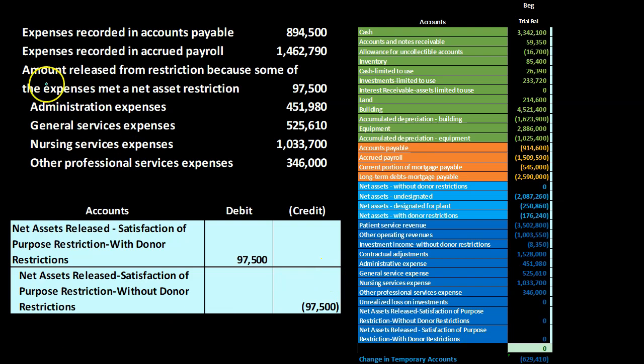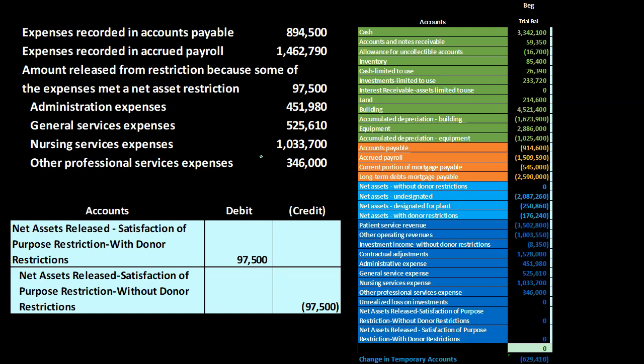Next item, we're going to say that the amount released from restriction, because some of the expenses met a net asset restriction. That basically is saying that of all these items we have put into place, some of them have met the restriction requirement for some revenue accounts, and therefore we need to move that amount from restricted to unrestricted.